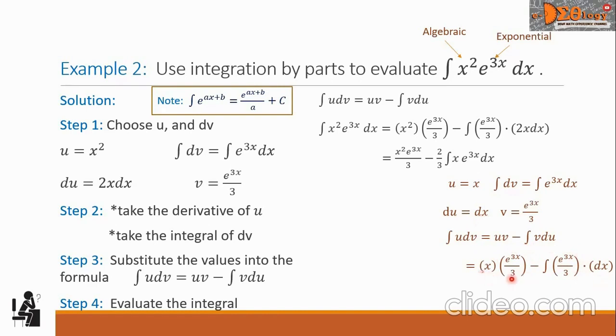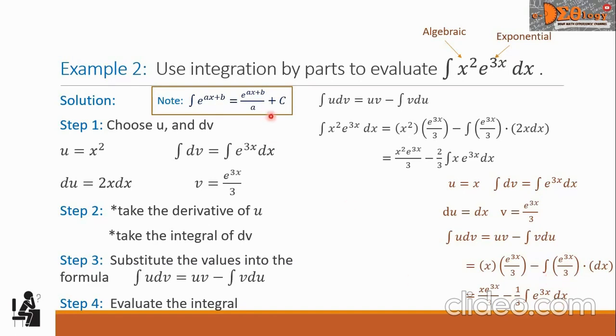We combine the uv to be x times e raised to 3x over 3. Then minus, this constant 3 in the denominator, we pull it out outside the integral sign, so it becomes 1/3. So we have now this integral of e raised to 3x dx.